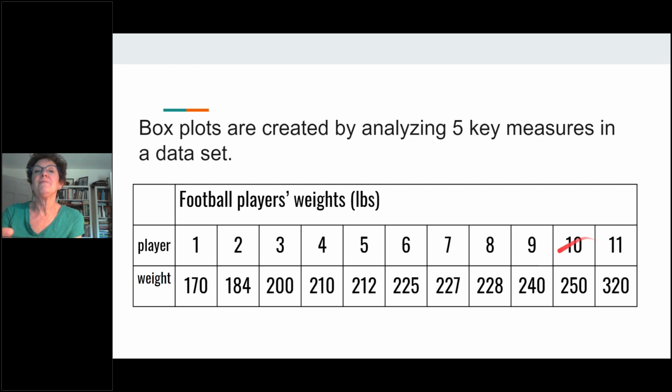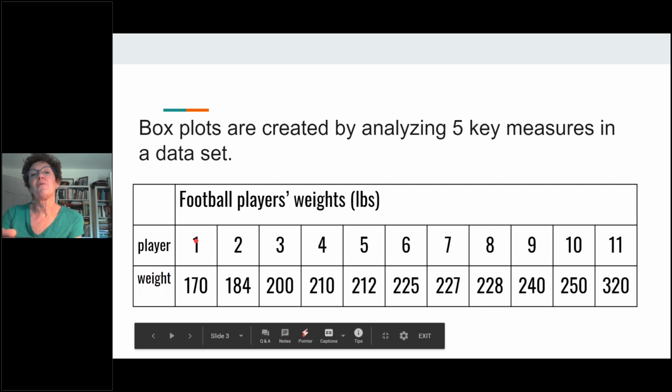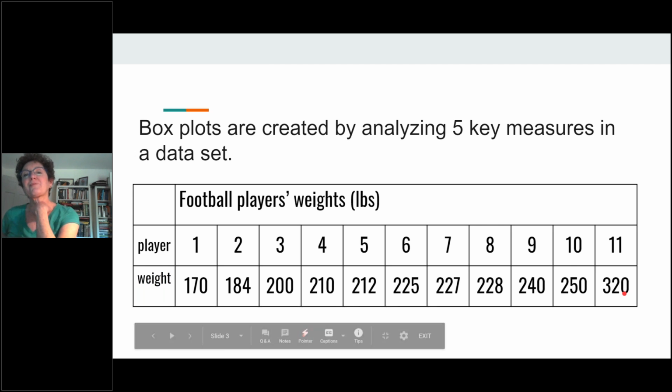And then these are the weights. So player 1, 170. Player 2, 184 pounds. Player 3, 200 pounds. Notice that this data is put in order. I'm not thinking that the players stood in line in order of weight.